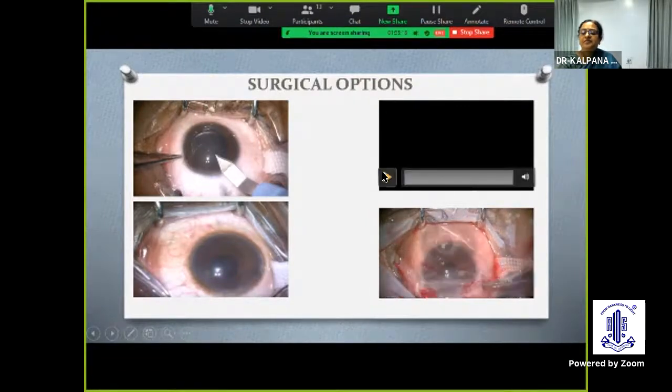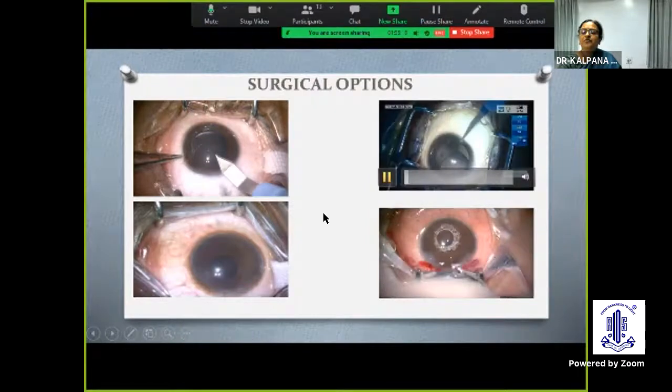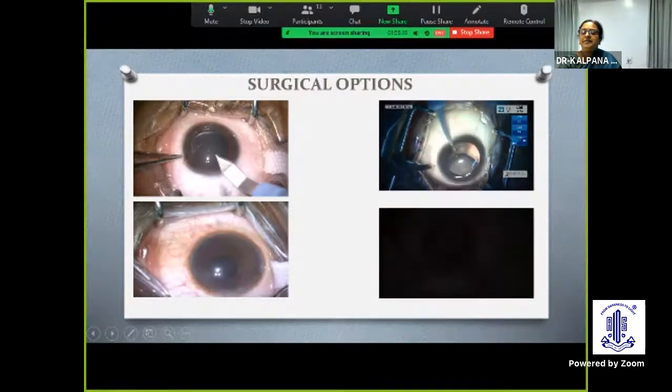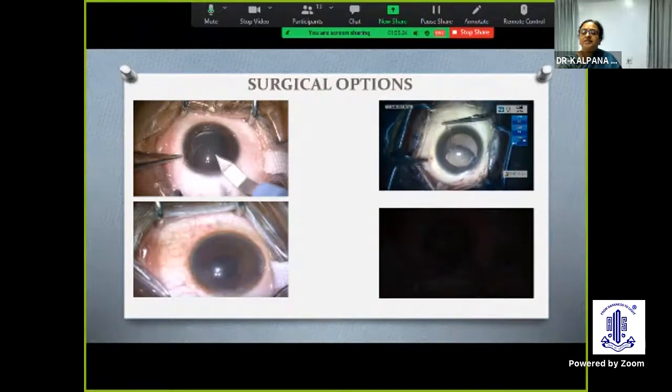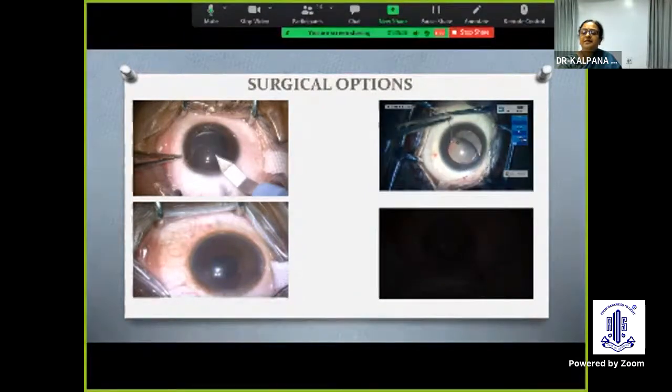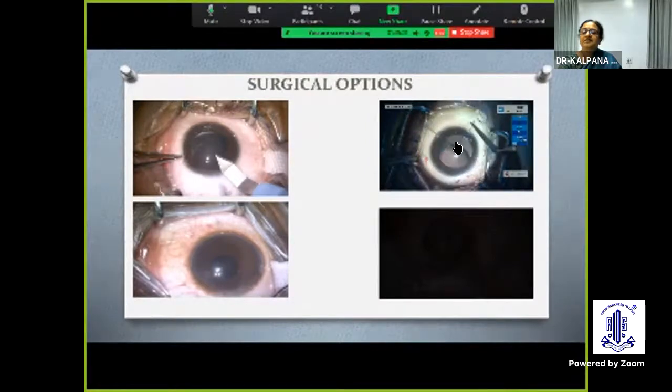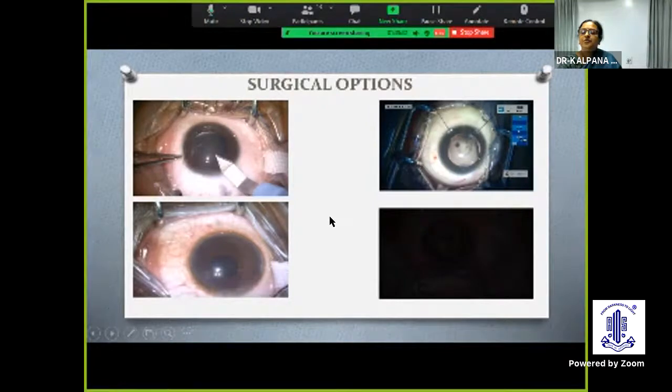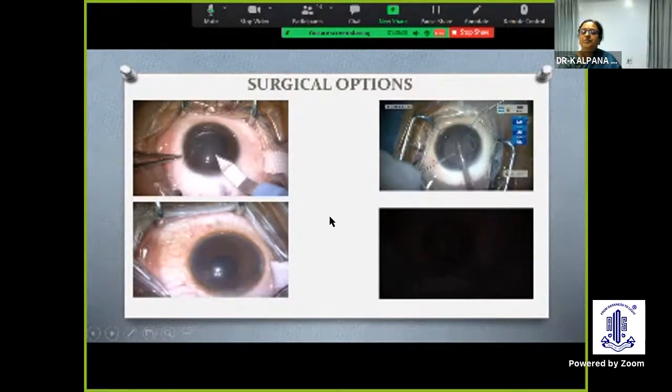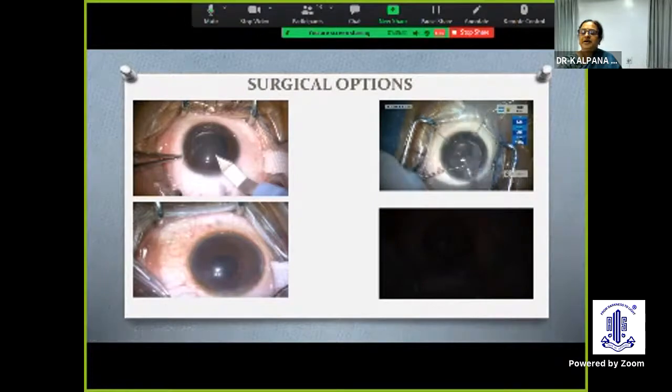In my second video, again, there is gross subluxation. Here, we're using capsular tension rings to stretch the bag. It makes it a little easier. You can see the rhexis size. And you can use your irrigation aspiration cannula to clean the cortical matter.